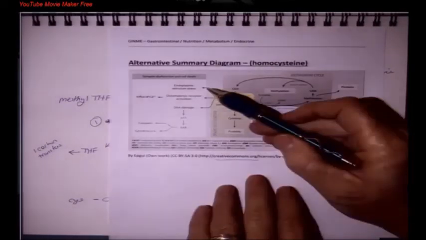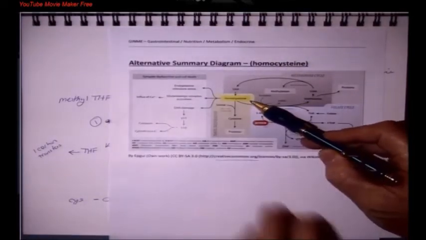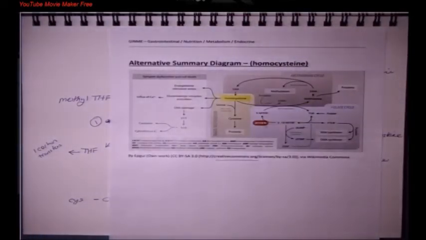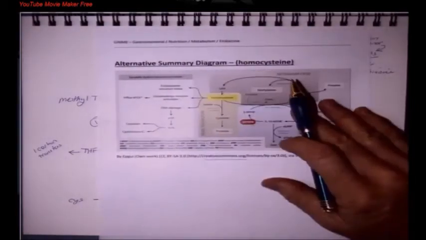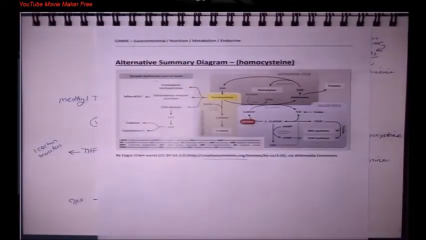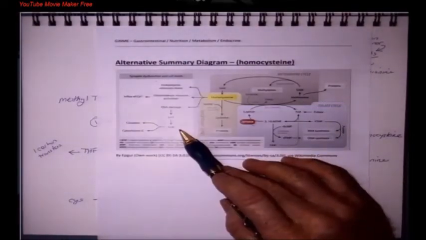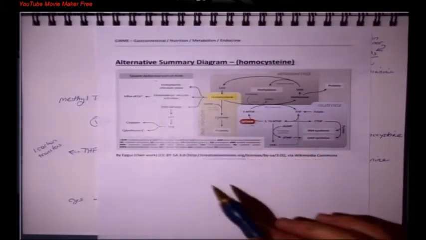So this is medicine knowing that if somebody has high homocysteine levels, they are at risk for a cardiovascular event. All of this here that's subject to current research is not really current medicine. This is still research. So what do you need to know?